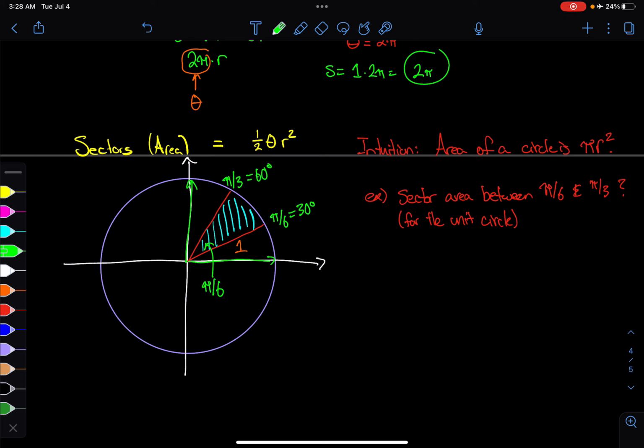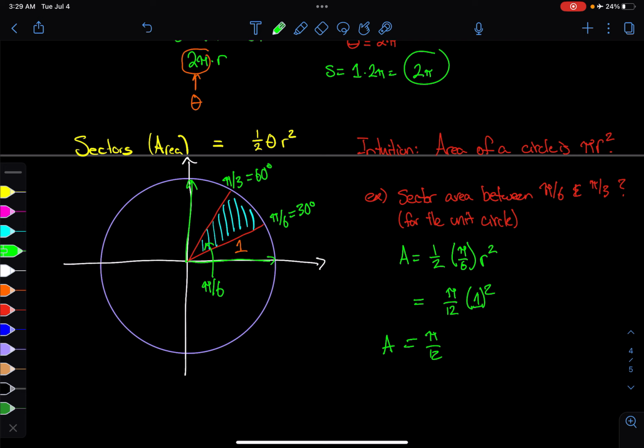And so we use the formula, and we're going to get that the area is equal to 1/2 times pi over 6 times the radius squared, like so. And so that just leads us to pi over 12 times 1 squared, which is just pi over 12, and then whatever our units would be.